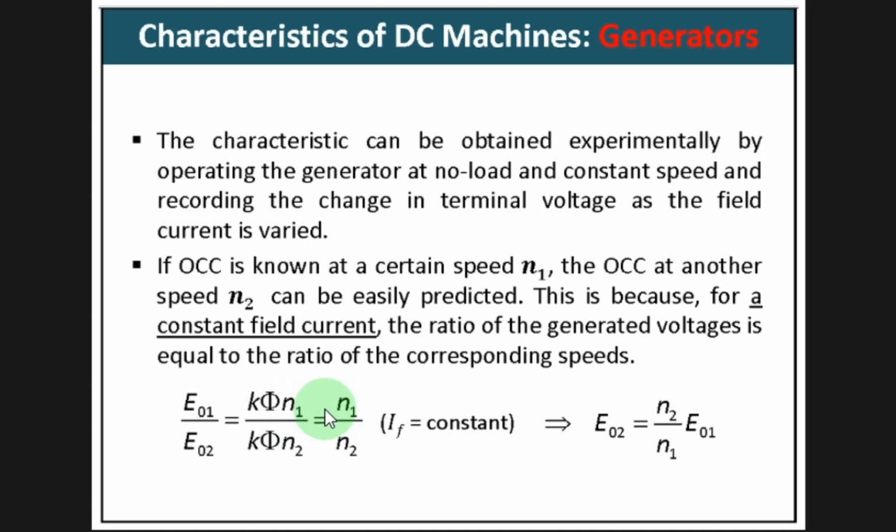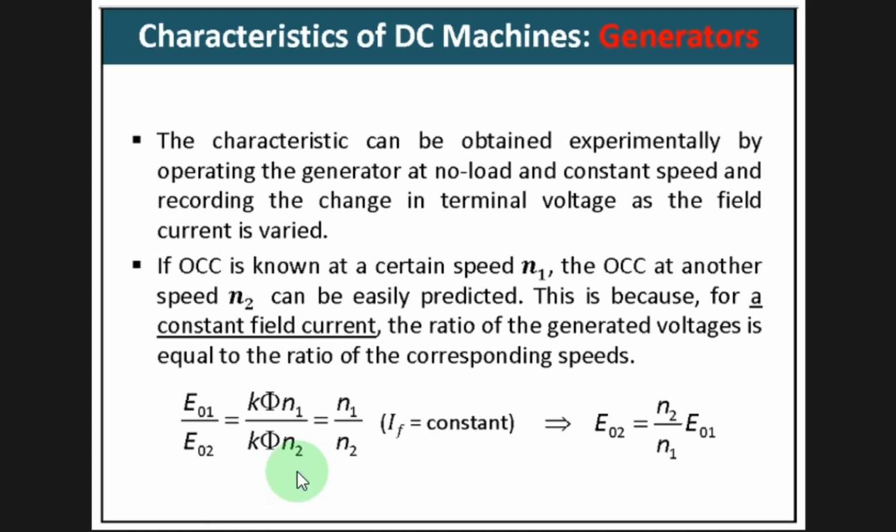That means E02, the generated EMF, can be found if you know the generated voltage at a certain speed, and then you can find the new generated voltage for a new speed. This type of simple equation you have to remember. That is the first kind of characteristic curve.